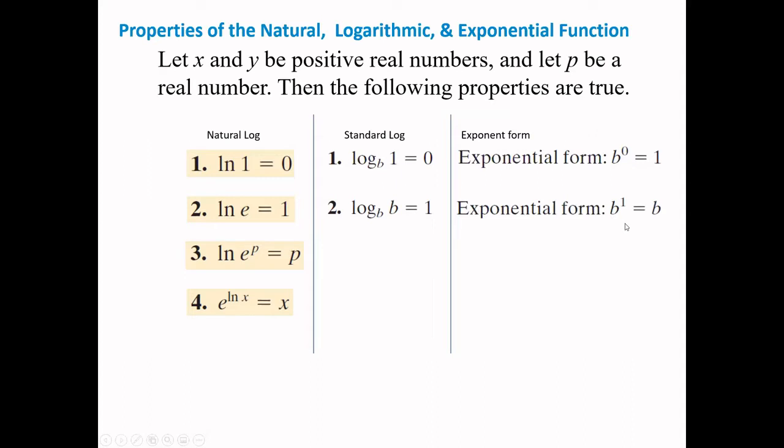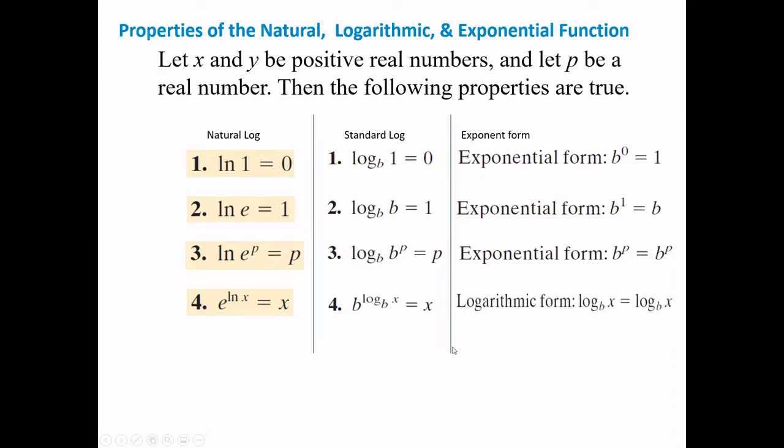Here's the exponential: anything to the first power is itself. Log base b of b to the p power is p, because log base b of b is 1 and p is your resulting answer. And again, here we've got b to the log base b of x, so x is the answer. And here's the logarithmic form of this.